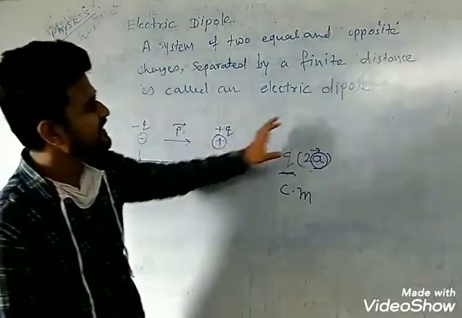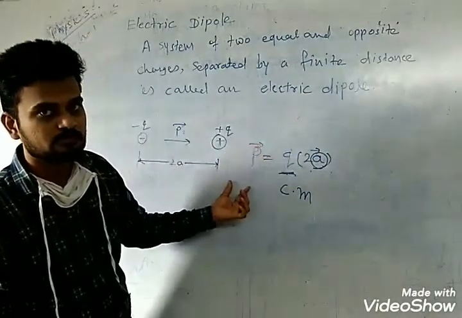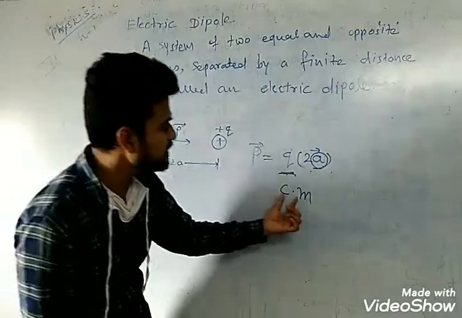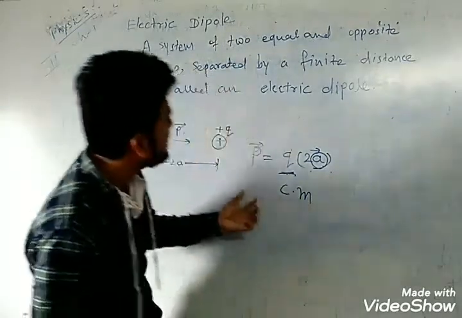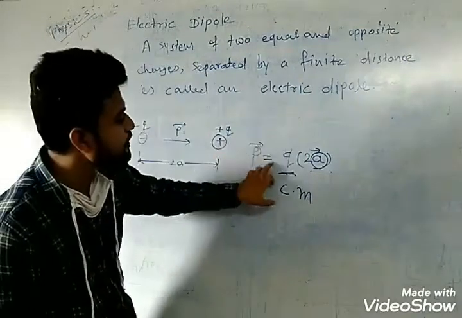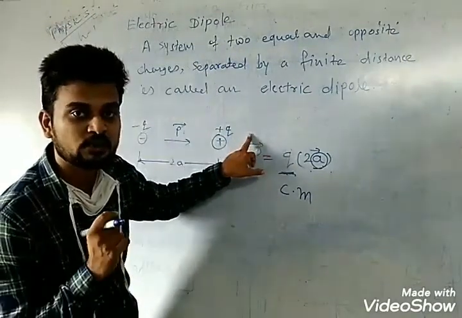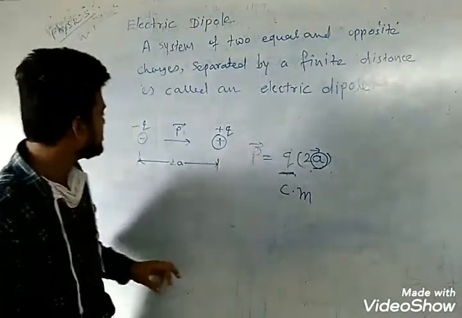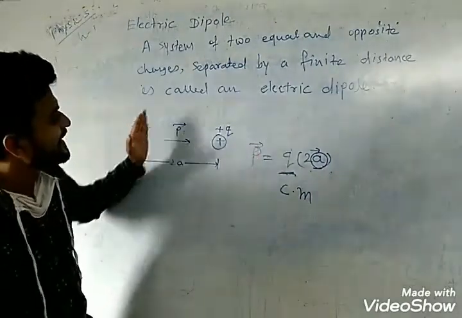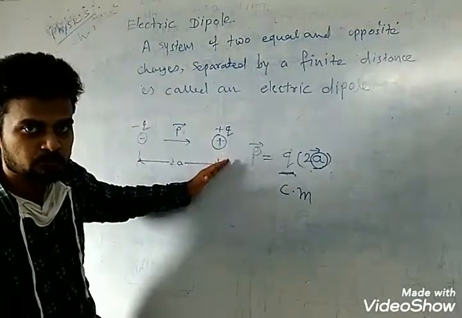The SI unit of electric dipole moment is coulomb meter. The electric dipole is a vector quantity and its direction is from negative to positive.